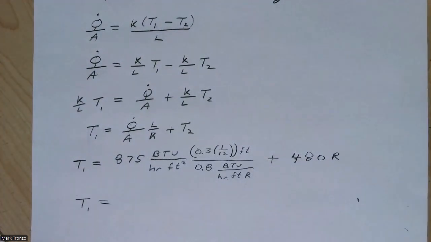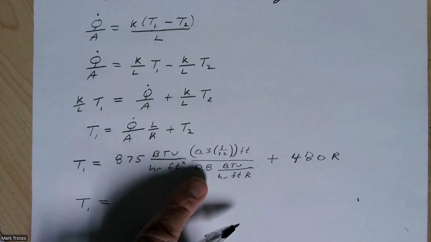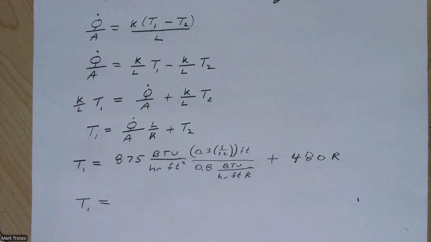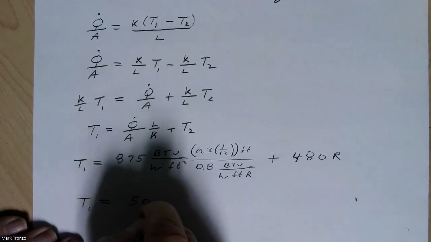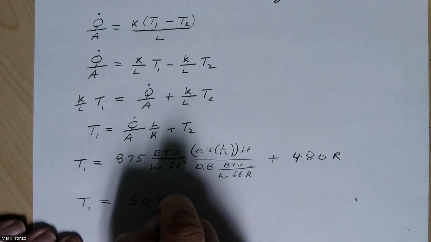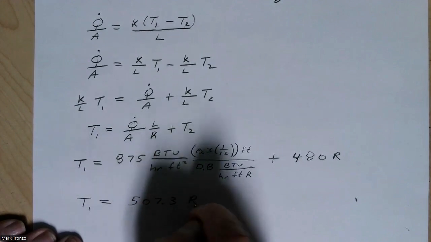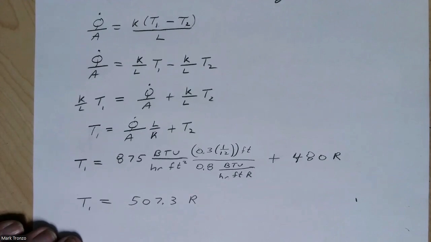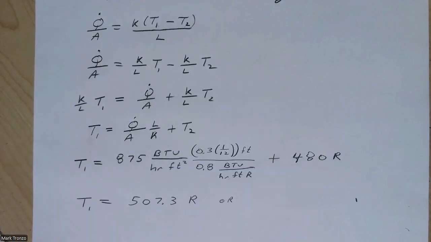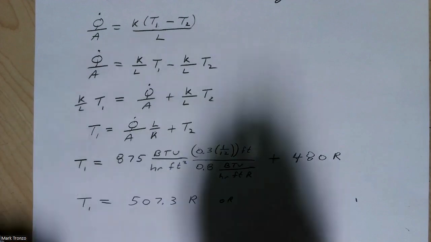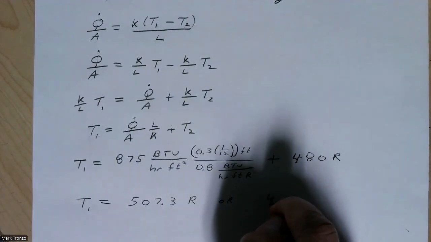When we do that, this quantity comes out to about 27.3, and we add that to our 480. That's 507.3 Rankine, or about 47 degrees Fahrenheit.